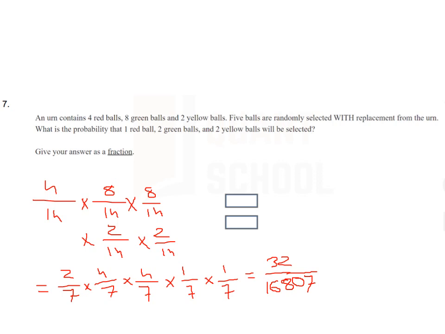Now, this is not the end. We need to select 5 balls randomly. So the total is 5 factorial, and for the 2 green balls, green balls are alike, so 2 factorial, and yellow balls are alike, so 2 factorial.